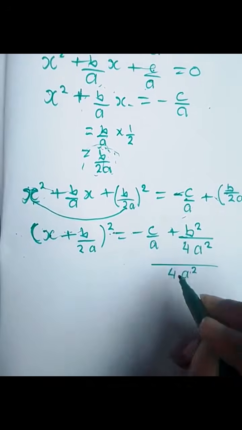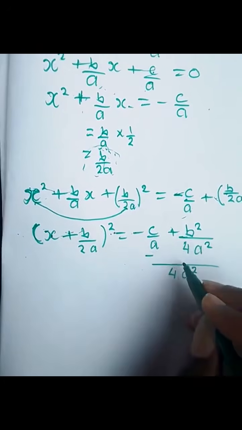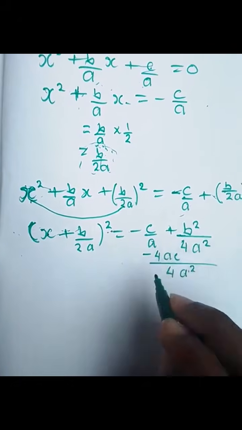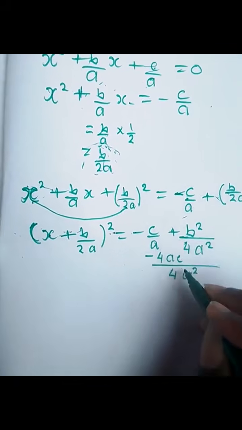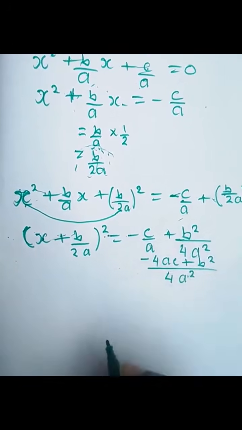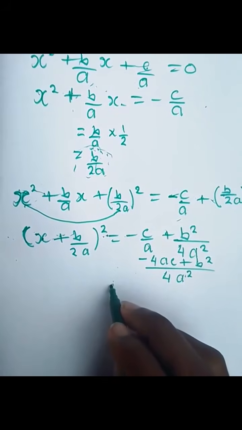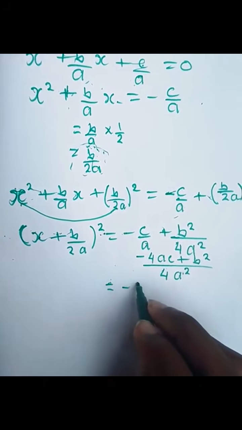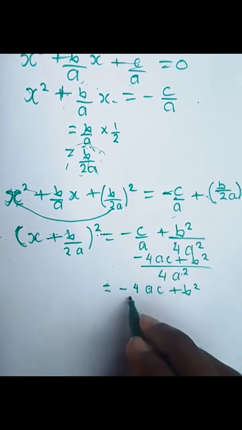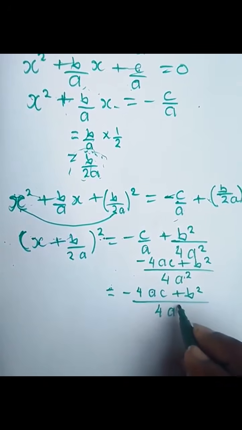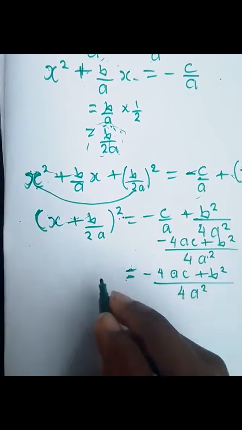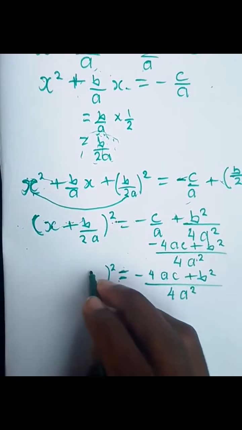Then I'll say this into this, it will be negative 4, one a will cancel, ac, right? This into this, it will be just 1. 1 times b power 2, it will be plus b power 2, right? So if I were to rewrite this again, I would say right now we have negative 4ac plus b power 2 over 4a power 2. And on the left side, I'm still having this.